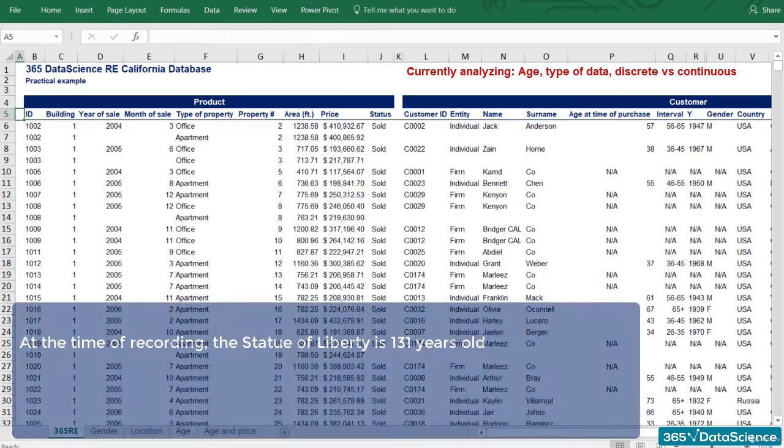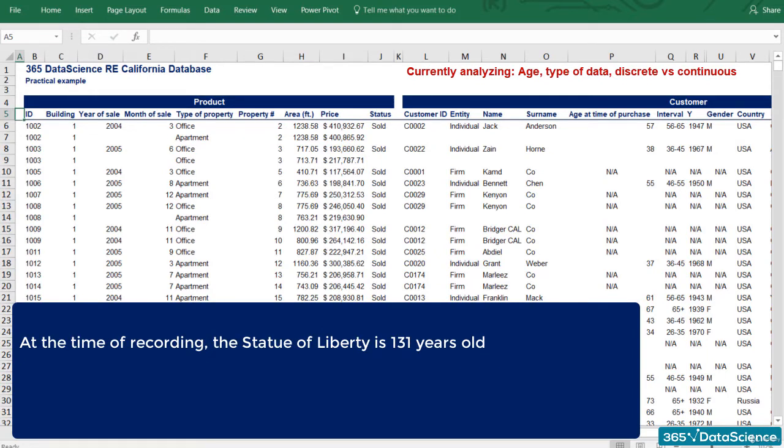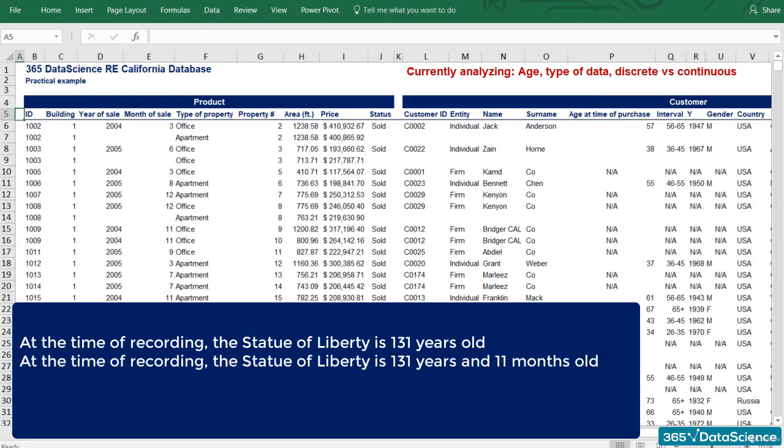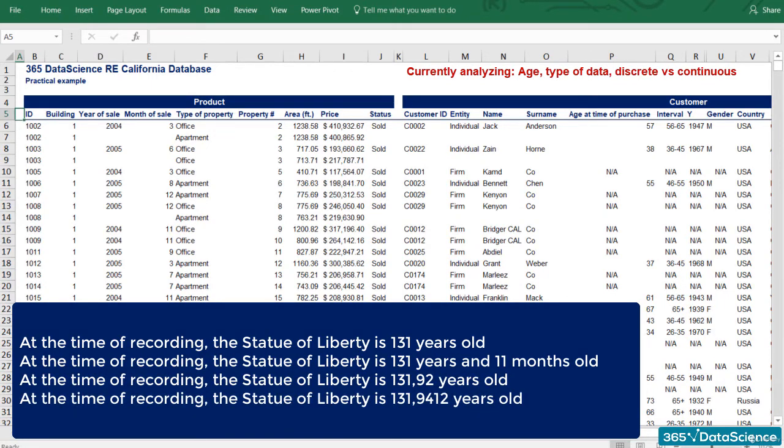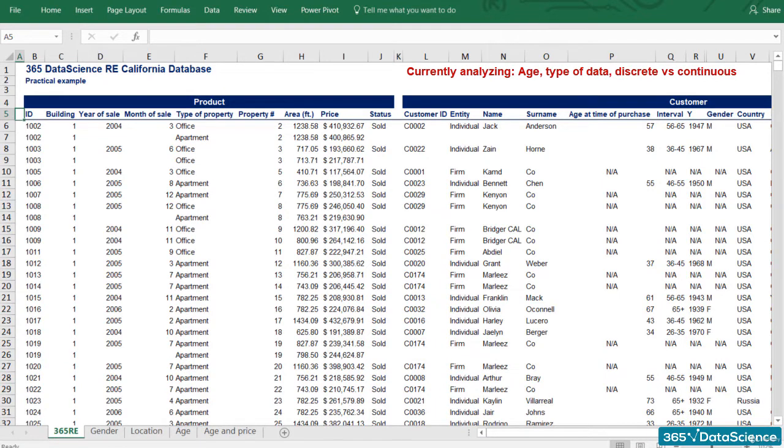At the time I am recording this, the Statue of Liberty is 131 years old. But I may get more specific by saying it is 131 years and 11 months old, or its age is 131.92. If I add days, minutes, and seconds, you get the point. When you are dealing with age, you decide its type, depending on your work at hand.